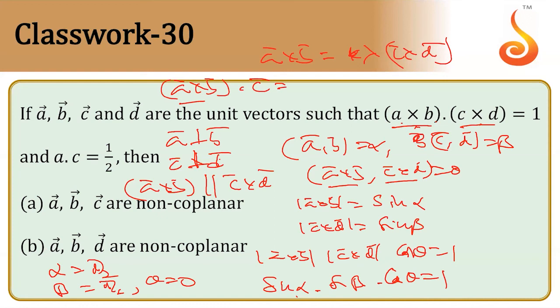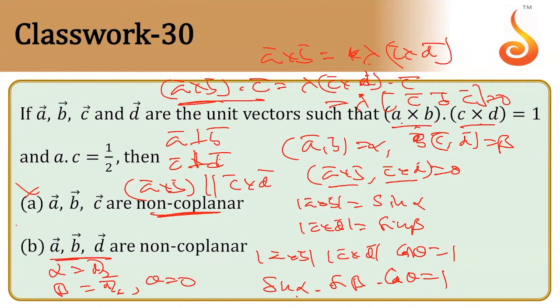A cross B is lambda times C cross D, that means lambda times C cross D dot C, so lambda times box CDC. That gives 0. That means box ABC is 0, but they are given non-coplanar. This is wrong. The same thing, ABD also non-coplanar. That is also wrong.